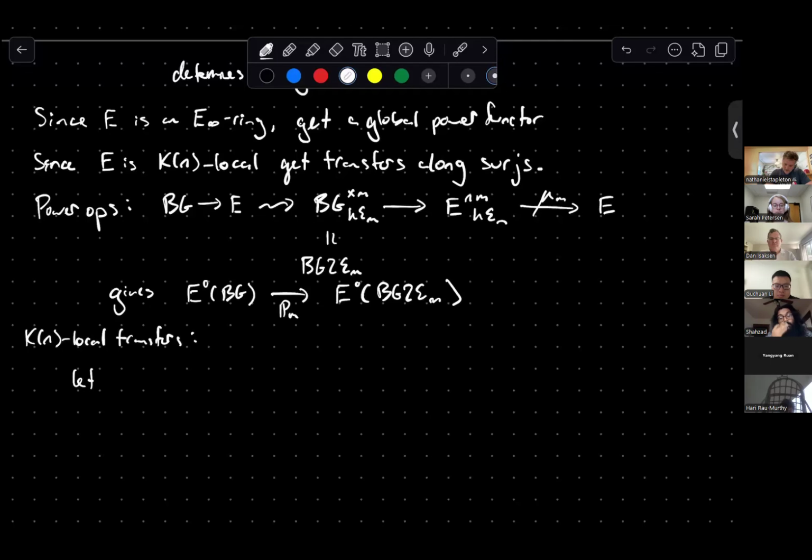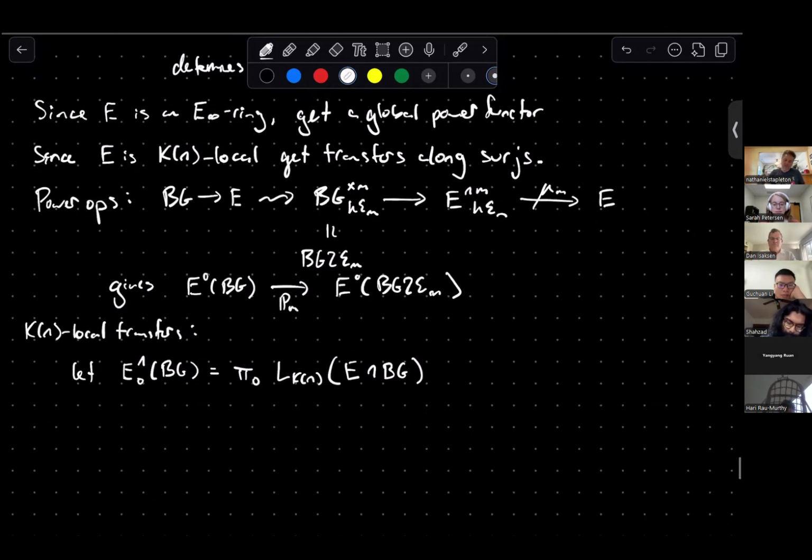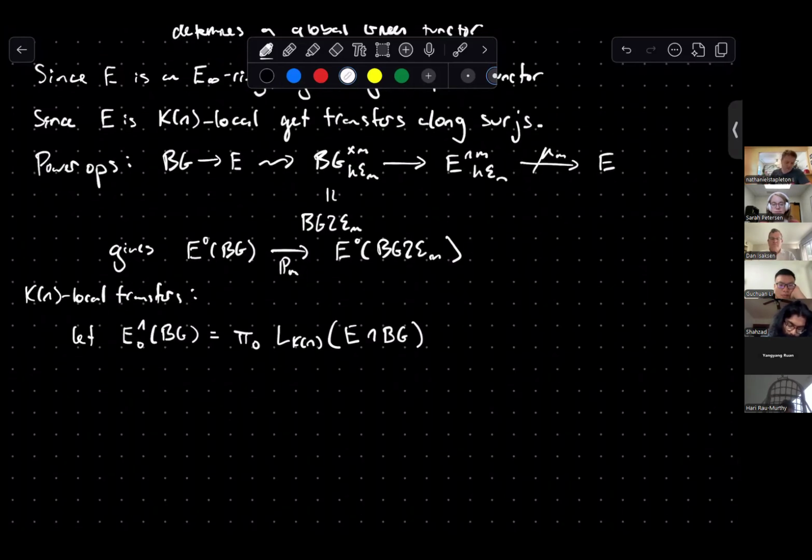So let's let E lower naught hat of BG be pi naught of the K(n) localization of E smash BG. So this is like the pi naught of E smash BG would just be the E homology of BG, but there's an extra localization to force everything to be K(n) local.